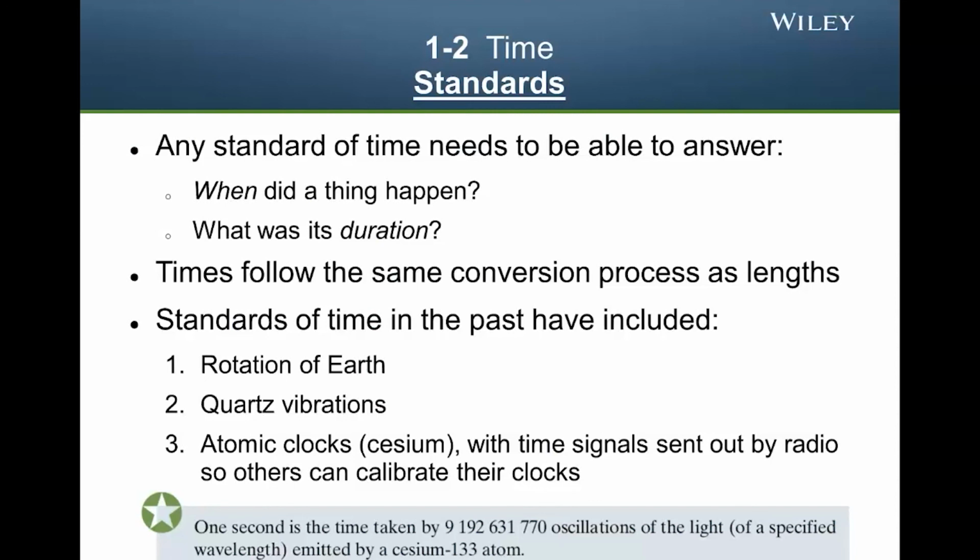You have the quartz vibrations and atomic clocks. And they have atomic clocks you can access nationally to set your watch to, to make sure it's accurate, because every watch that's made is not exactly the same. So they try to have a standard way of making sure they're all the same.